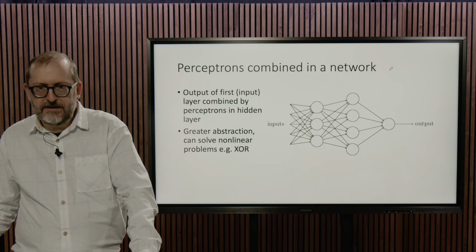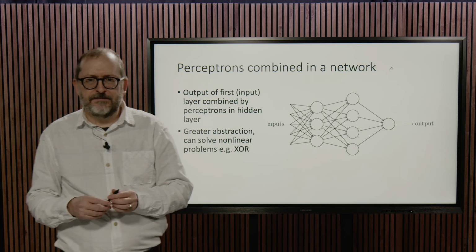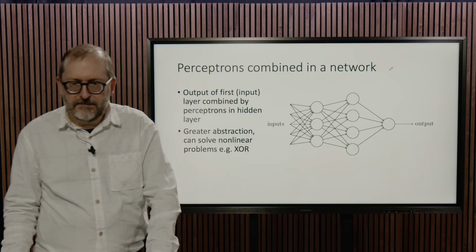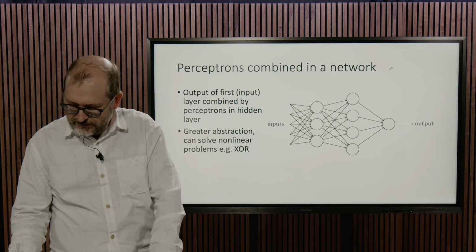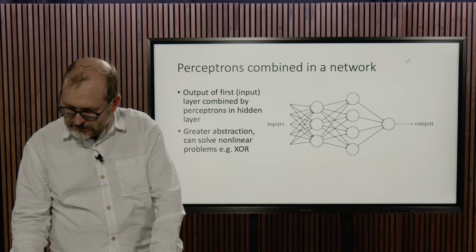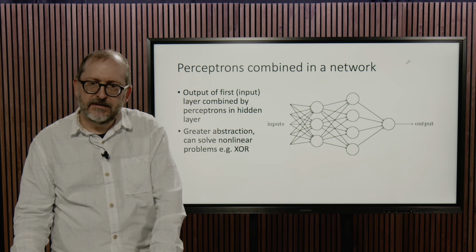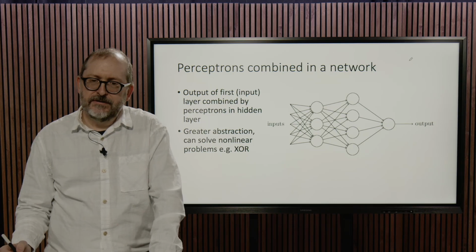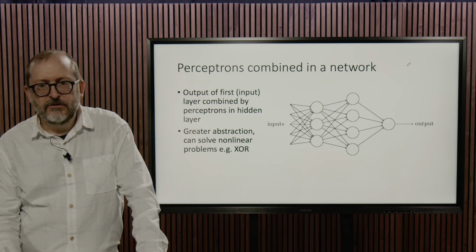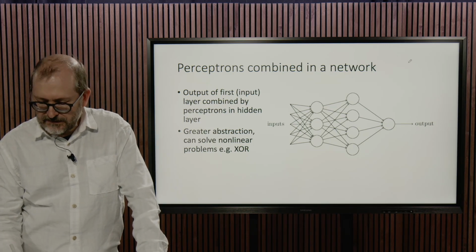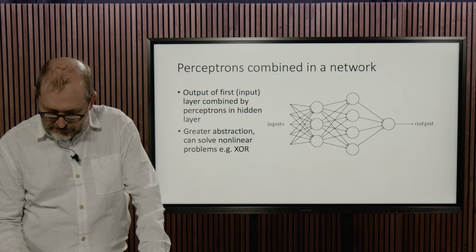So a single perceptron is quite limited. If you're thinking about what it can do in terms of logic, it can reproduce maybe an OR or maybe an AND. So an OR has a truth table.